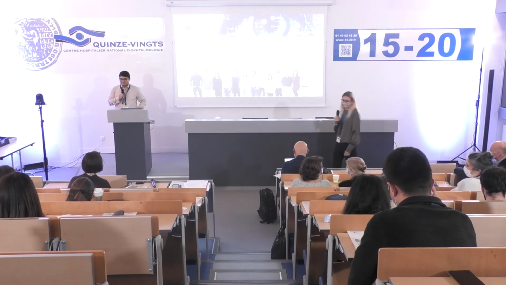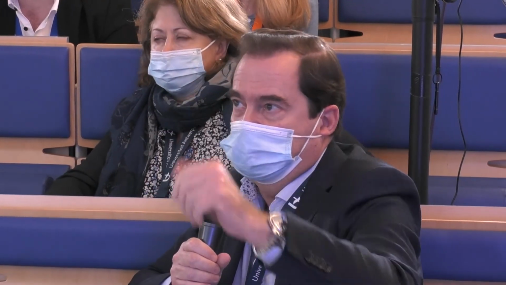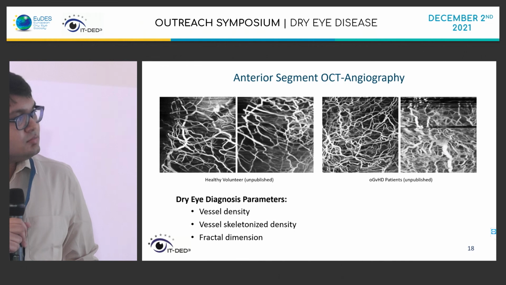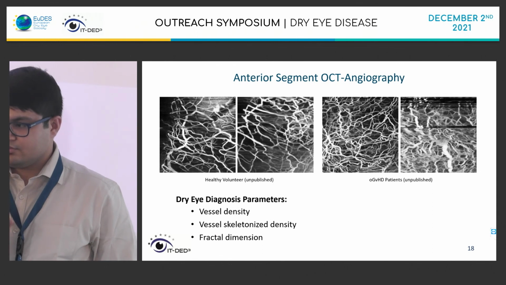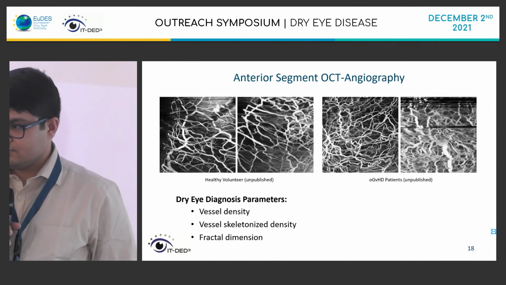Congratulations, Asif. Can you go back to the images of the vessels with the angio-OCT? You have very nice images. I have been working on the vessels with angio-OCT from the very beginning. At the time, it was just developed for the retina, and then we could use it for the anterior segment and especially for the conjunctiva.